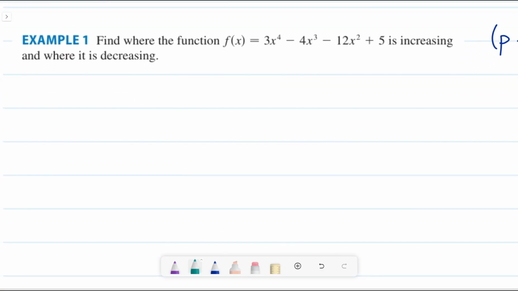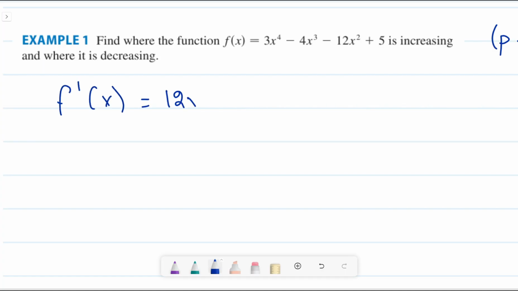Given the function f of x equals 3x to the power of 4 minus 4x cubed minus 12x squared plus 5, we would like to find when it is increasing and when it is decreasing. So first, let's start by finding the derivative. What is the derivative?